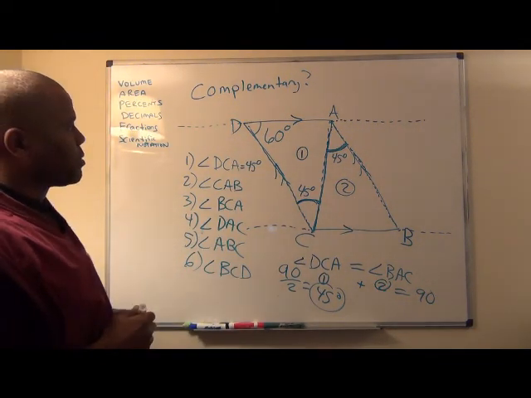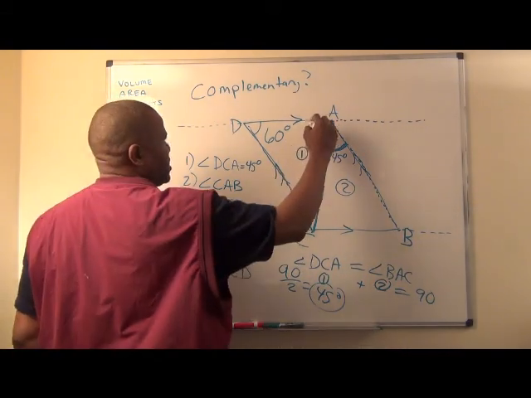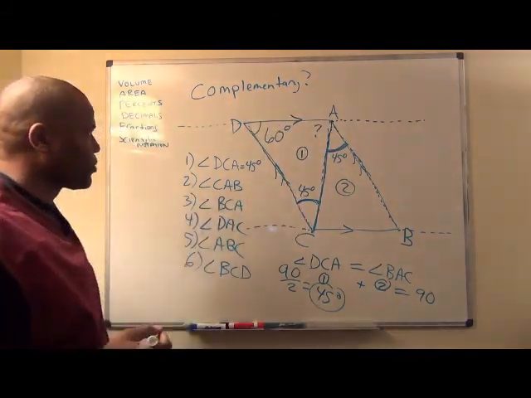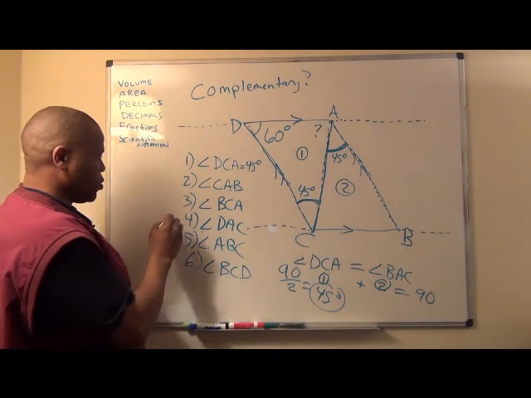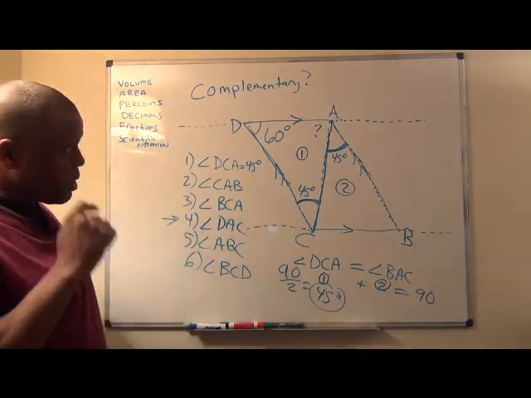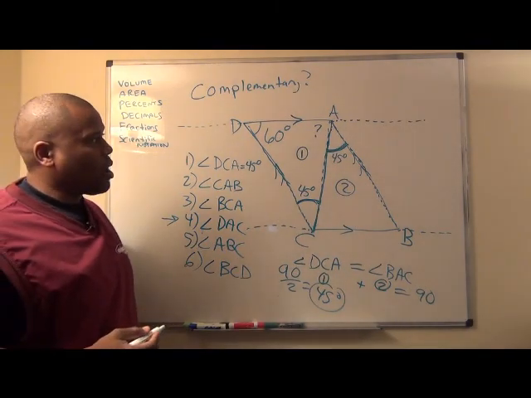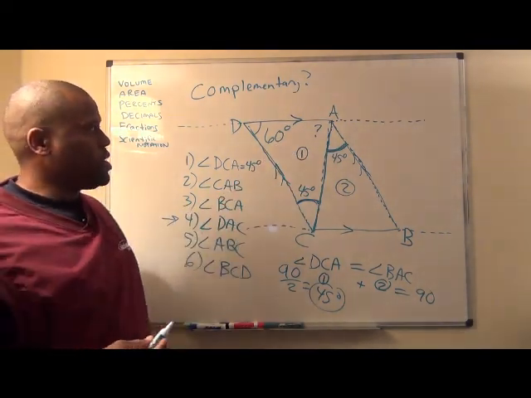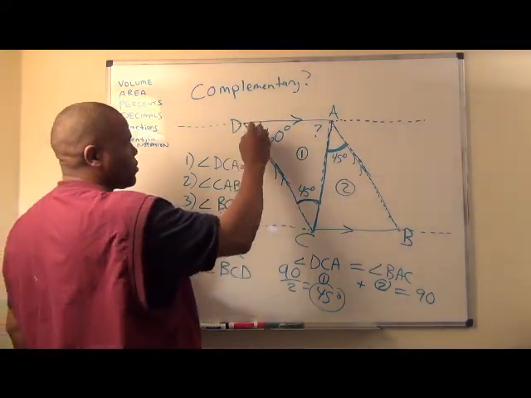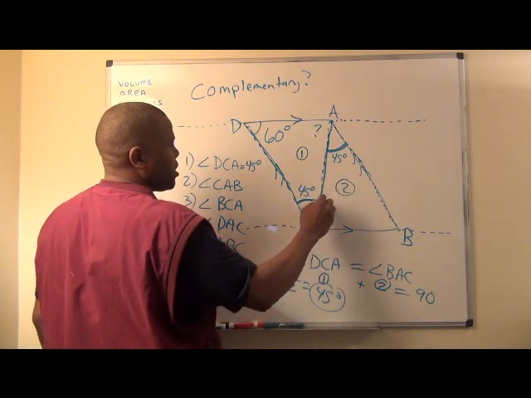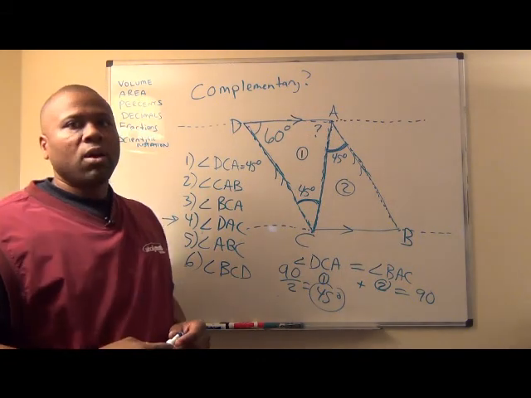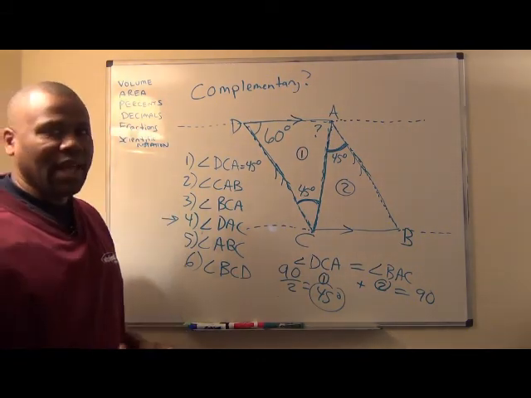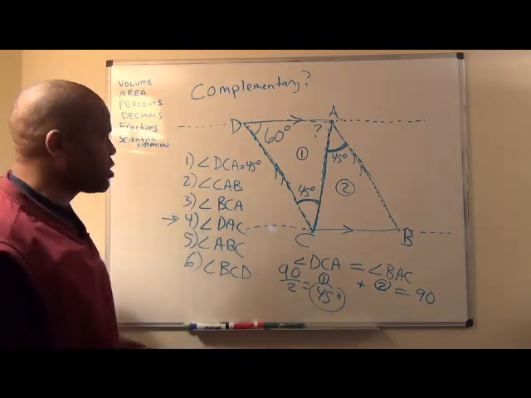Now, what is this angle equal to? That is angle DAC, which we need to figure out. The way that we figure out what that angle is equal to, we have to see that this is a triangle. Since that's a triangle, we know that the sum of all three of the angles in a triangle total 180 degrees.